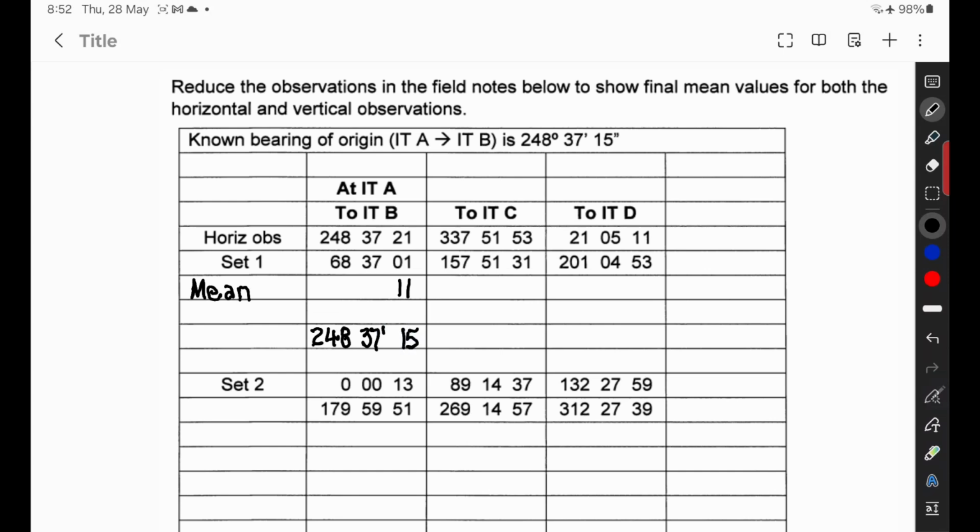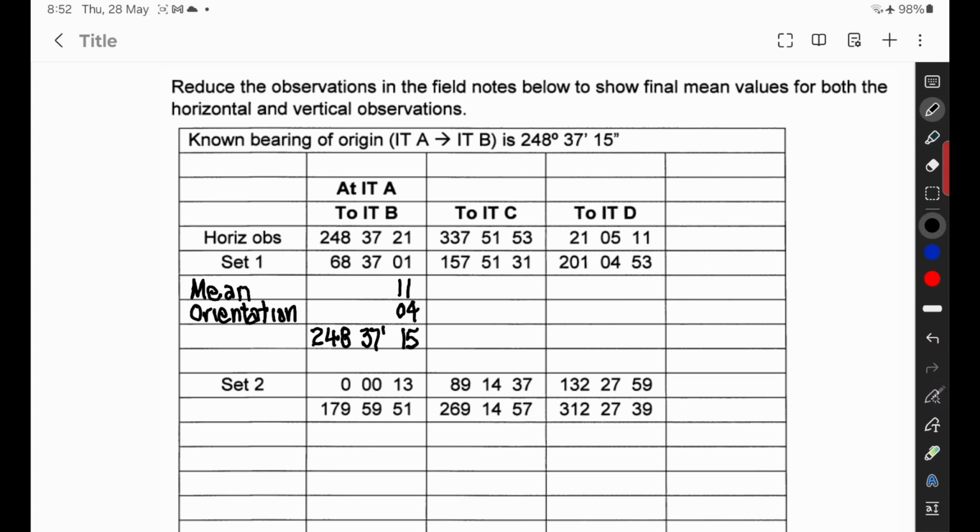Right, and we got 37, 11. So that means an orientation correction of plus 4 seconds. And that'll give us a raw bearing, I guess, of, well, we'll just leave it at 248, 37, 15.